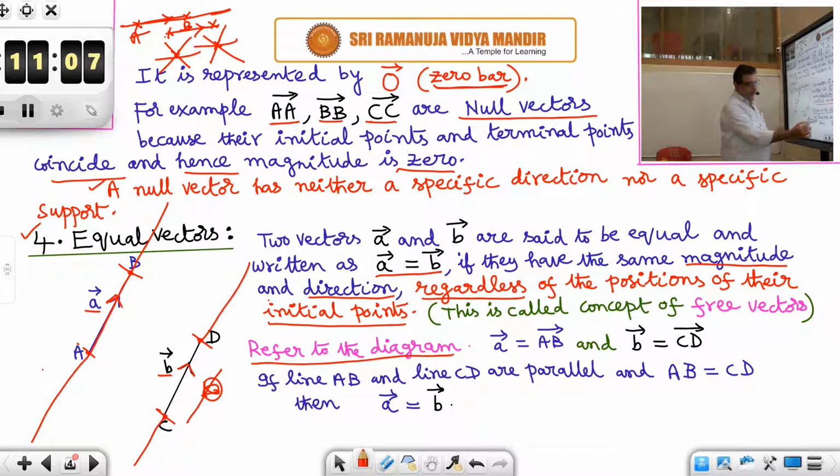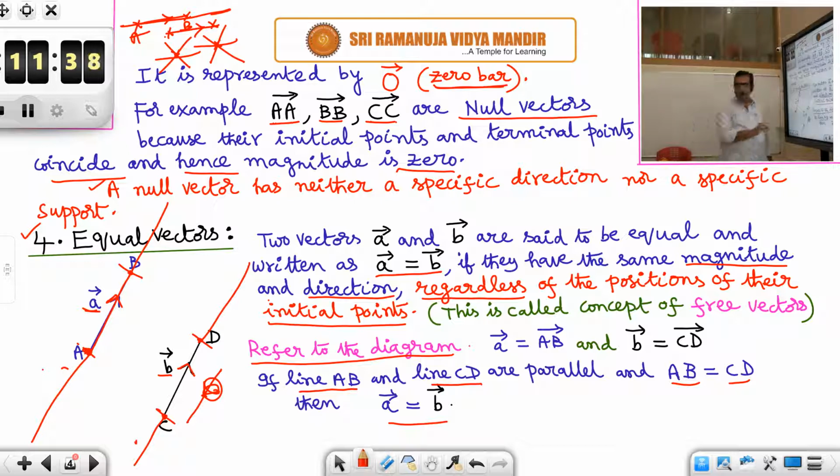If the line AB and line CD are parallel, line means the supports are parallel, the length AB is equal to length CD, and also the arrows are in the same direction, then a bar is equal to b bar, irrespective of the initial points. Initial points are not same. Initial point of the small a bar is A. Initial point of small b bar is C. And they are different points in space.